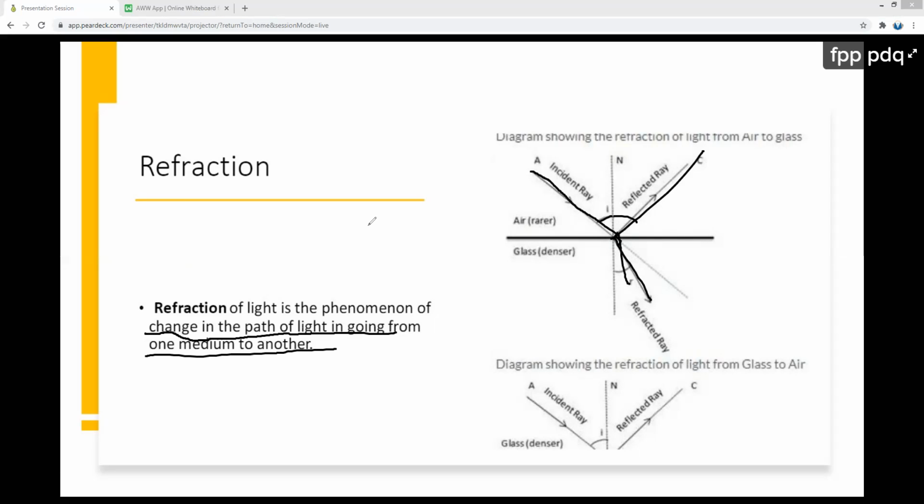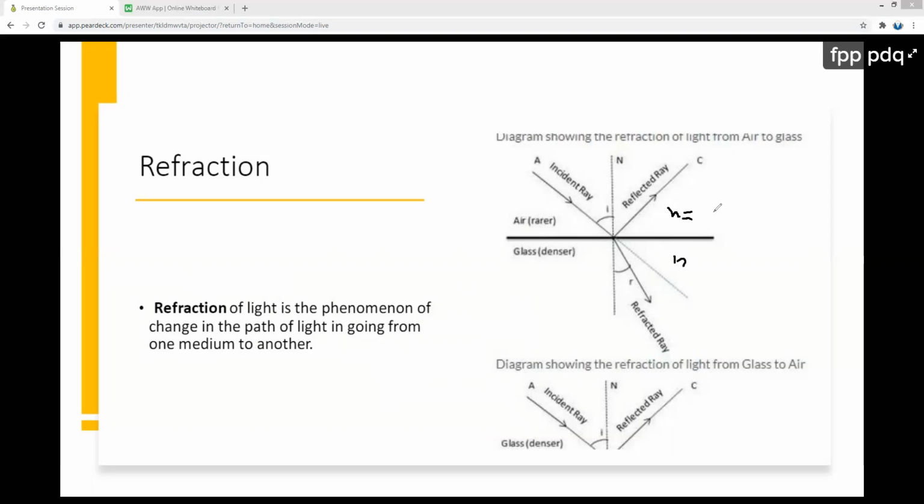So now the difference between refraction and reflection is that refraction takes place in two mediums. Over here you can see rarer and denser medium, while reflection was only one medium. Why this happens, we won't be going into because it's not related to today's topic. Just giving you an idea, the refractive index of air and glass are different.